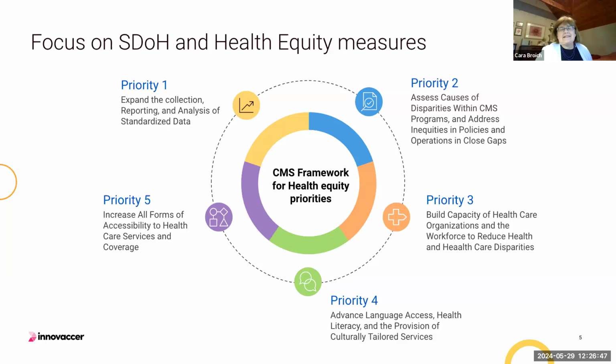So one of the easiest ways to get started is to look at the data that you already have, and you may need to modify it some. So think about the required HRA. Okay, so we have to do this HRA, and CMS has told us what needs to be included in there, but they haven't told us that this is the HRA we have to use.